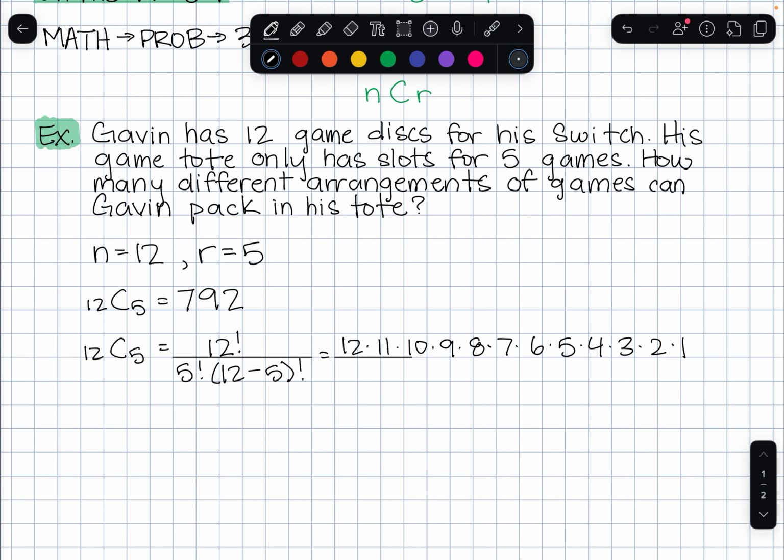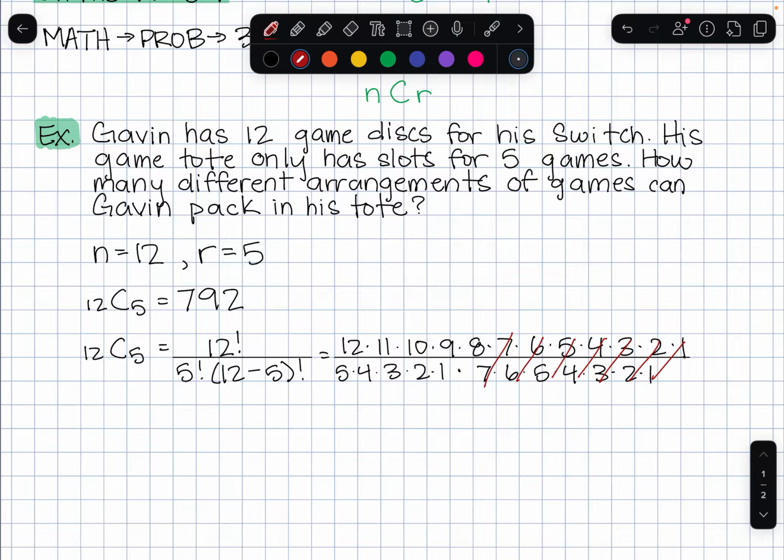And then on the bottom, 5 factorial, I know is just 5, 4, 3, 2, 1. And then times 12 minus 5, which is 7. So that's going to be 7, 6, 5, 4, 3, 2, 1. And I see a whole bunch of stuff that cancels: 7, 6, 5, 4, 3, 2, 1. And so now I've just got 12, 11, 10, 9, 8 over 5, 4, 3, 2, 1.